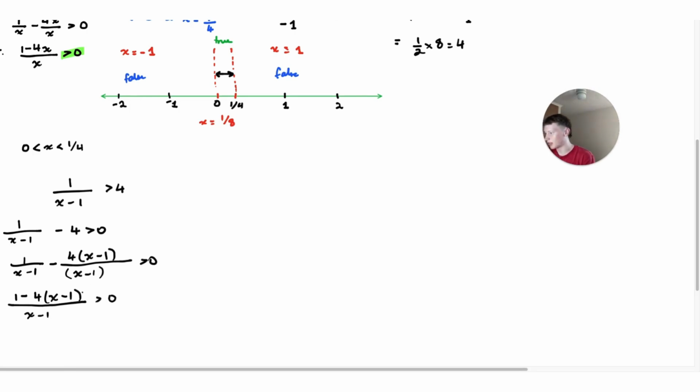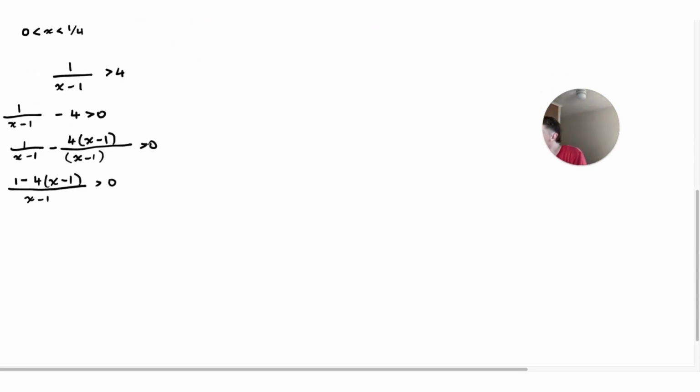And there's a bit of simplification we can do here, because if we multiply that through, that will become 1 minus 4x plus 1 more. And so what we can do there is say, okay, well, that's then just 2 minus 4x.